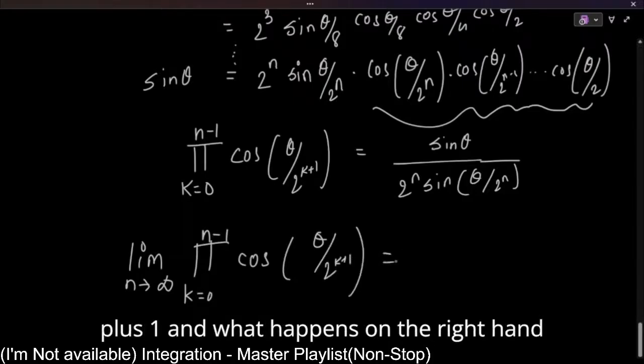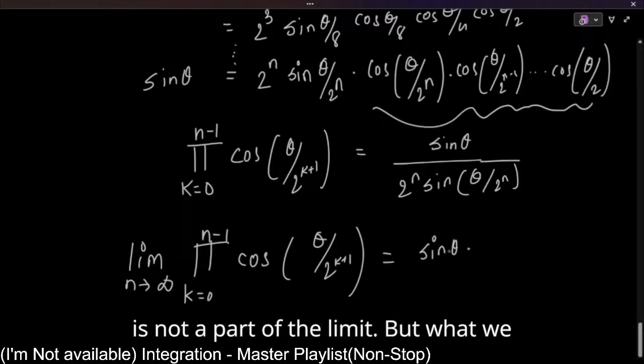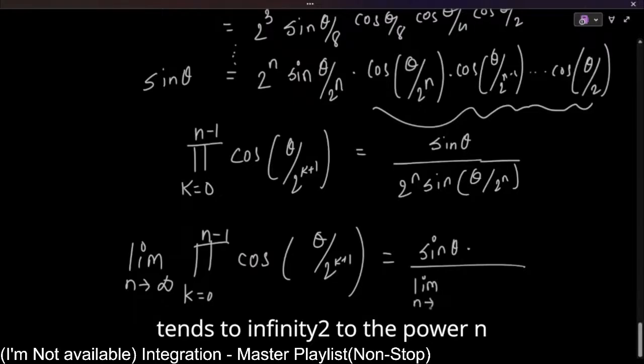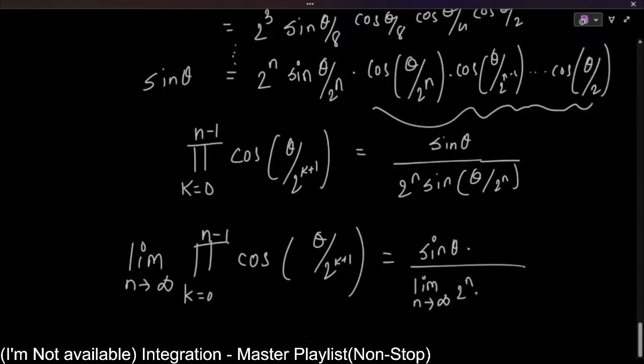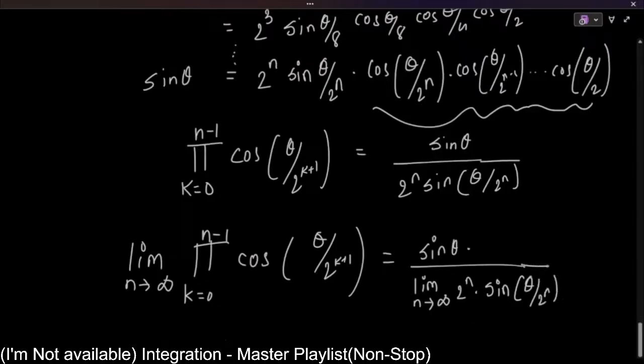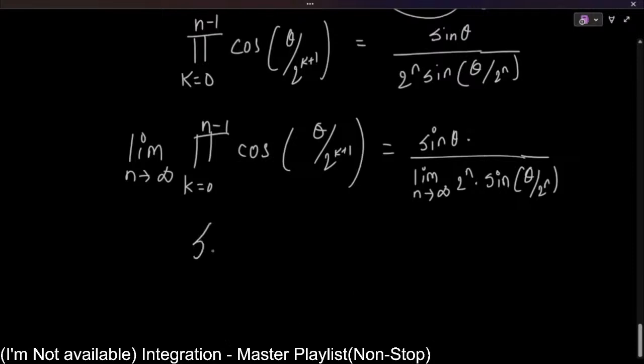And what happens on the right hand side is sine theta is left out because it is not a part of the limit. But what we do evaluate is this limit. Limit n tends to infinity 2 to the power n into sine of theta by 2 to the power n. Correct? The left hand side simply becomes a required product S theta.